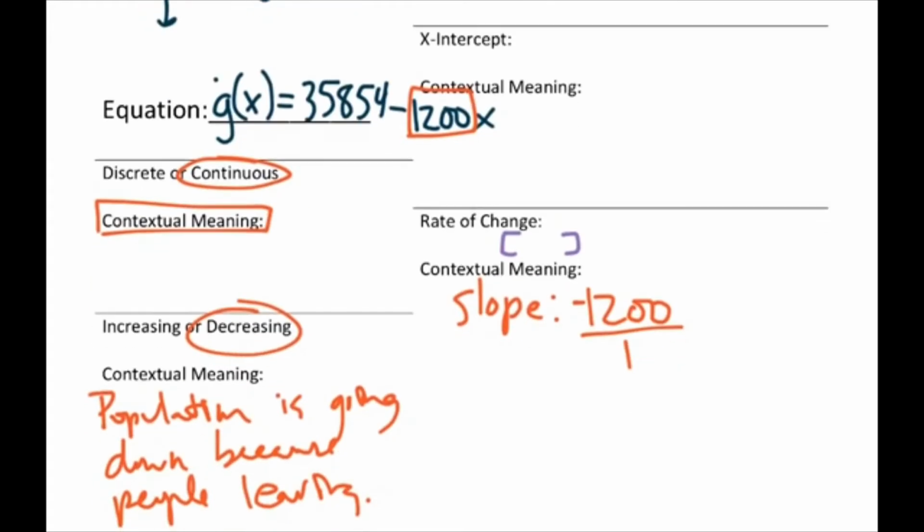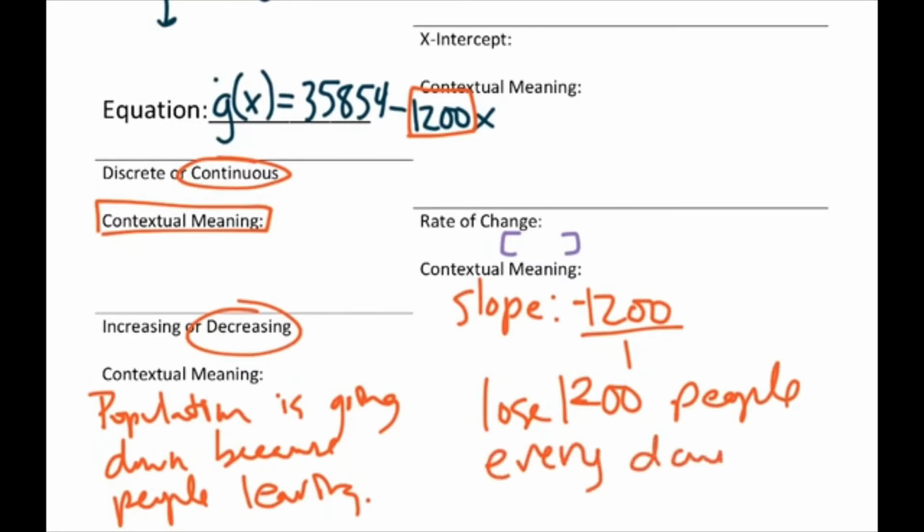So what that means is we lose 1,200 people every day, right? That's the context there. Alright, and that rate of change will mean the same thing. We can see how we could do that one through an interval as well.